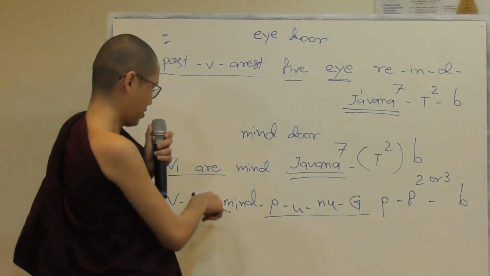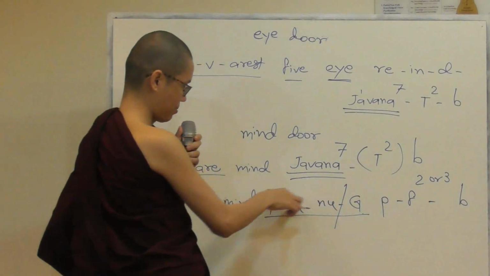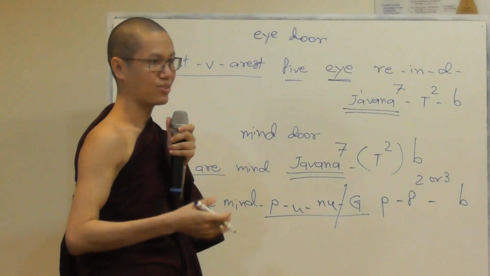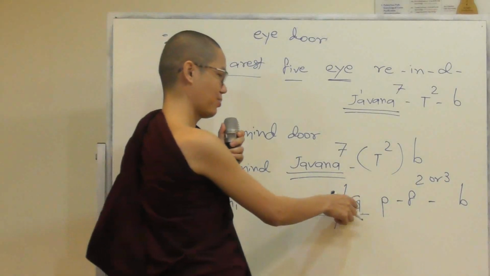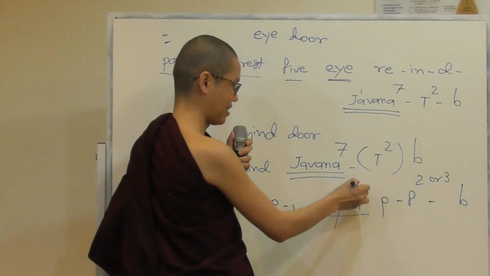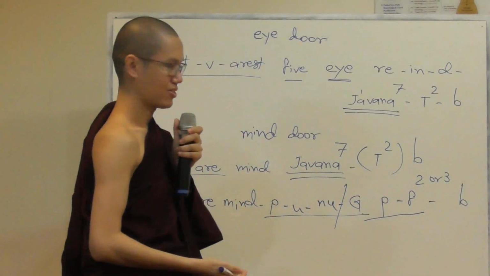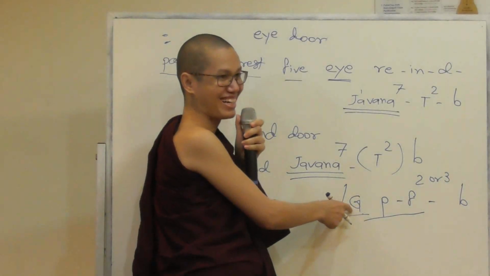So the object of this mind, until here, is impermanence, suffering, non-self. The object of this mind also is nibbana. The object of this mind is nibbana. So as an ordinary person, you can see nibbana here.